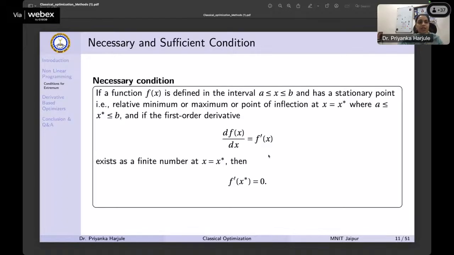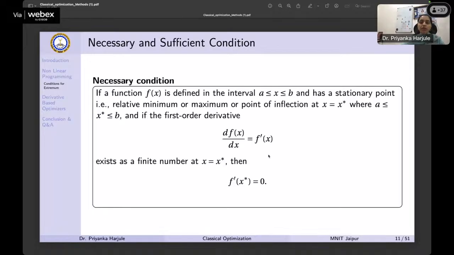If it is a single variable function that is continuous and differentiable, then at a stationary point the first derivative of the function is going to be 0. This is the condition that we used yesterday also. This condition will give us the stationary point.